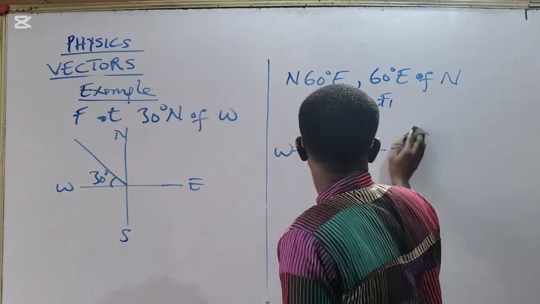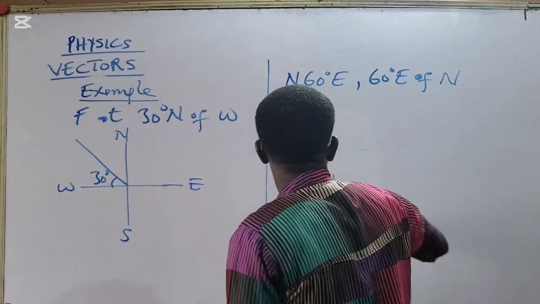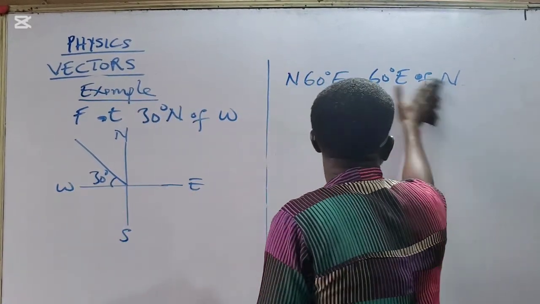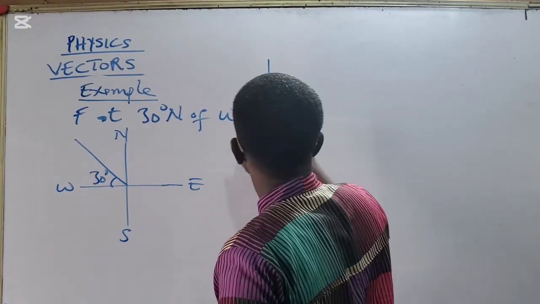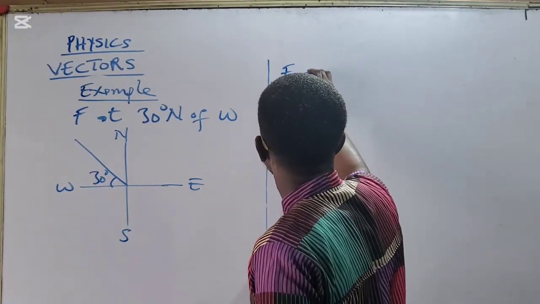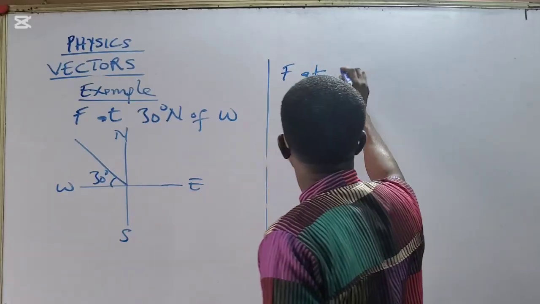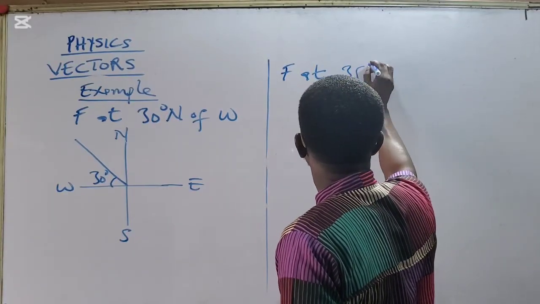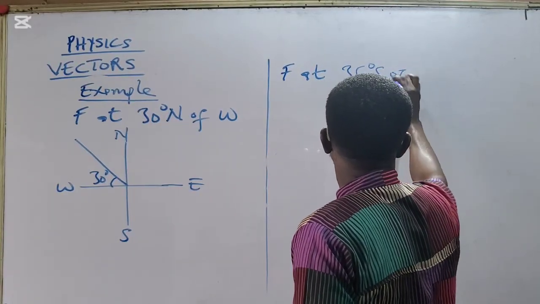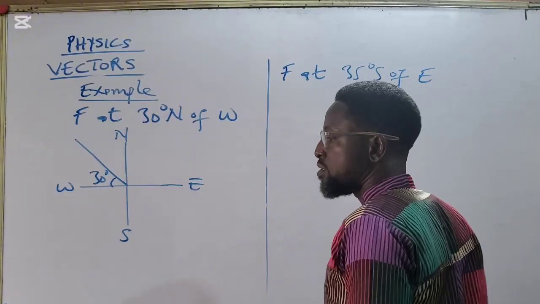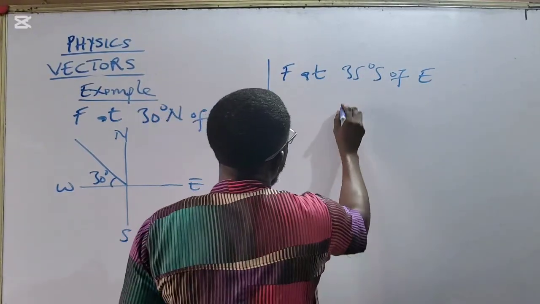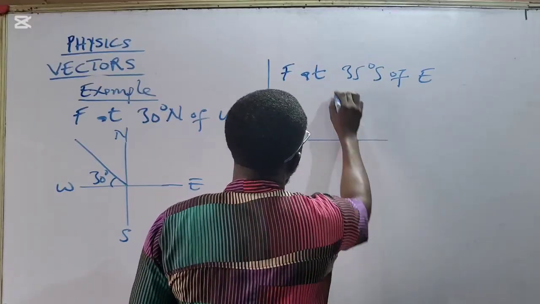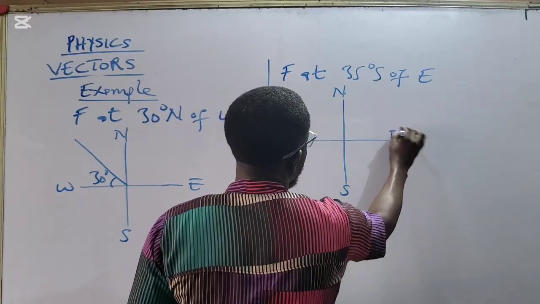Let's take one example. The force F at 35 degrees south of east. Here, we have north, south, east, west.